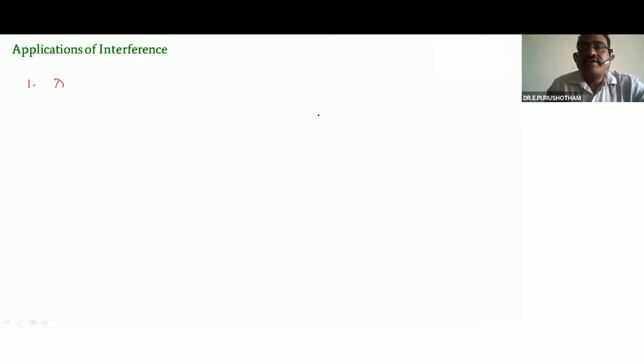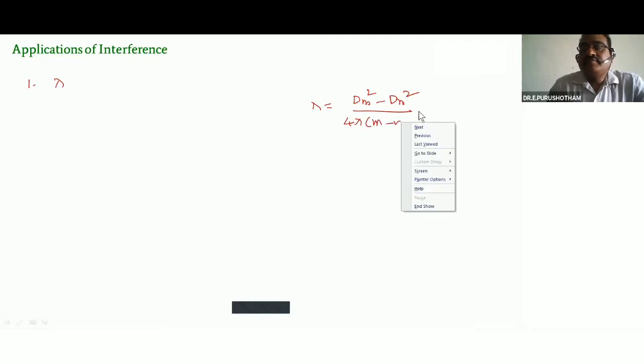In that Newton rings experiment, the wavelength of this light is equal to dm square minus dn square by 4 lambda into m minus n. This is the principle.